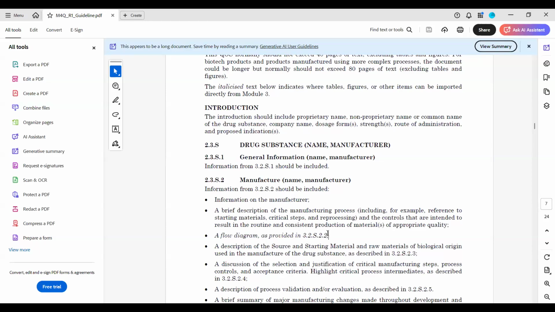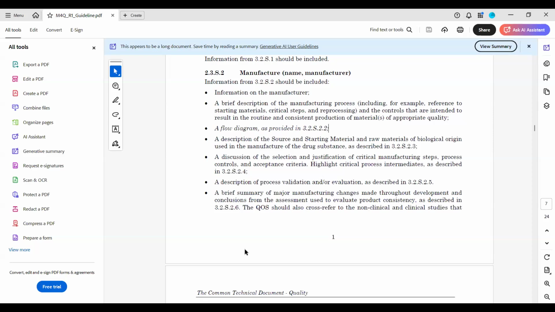Apart from that, a description of the source and starting material and raw material of biological origin used in the manufacture of the drug substance should be summarized here. Apart from this, a discussion of selection and process will be summarized.